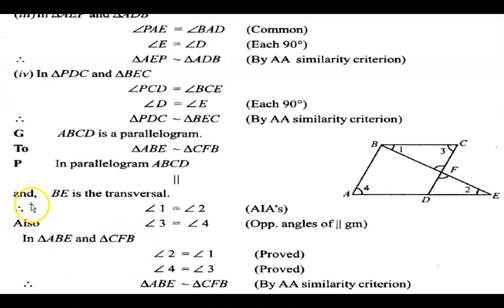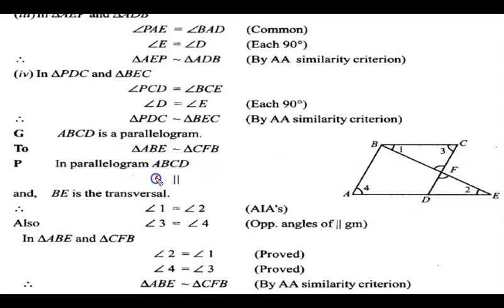Now in this question, students, what we find, ABCD is a parallelogram. So if ABCD is a parallelogram, it means AB is parallel to CD and BC is parallel to AD. And then another condition which is given is that AD is extended up to E. So it goes up to this point here. Now let's take these two opposite sides, BC and AD.